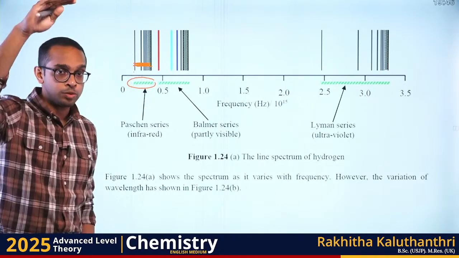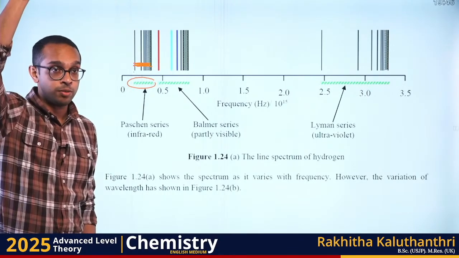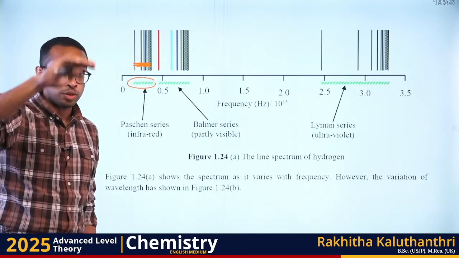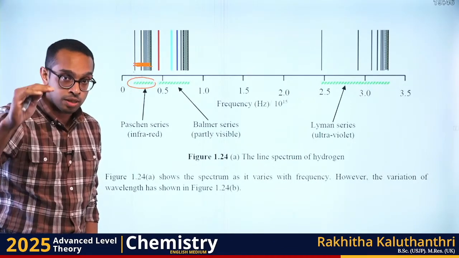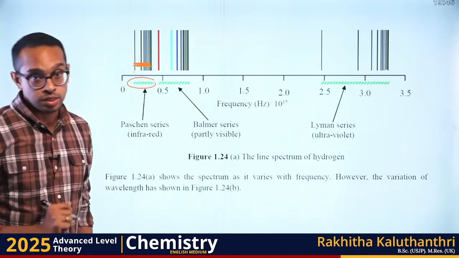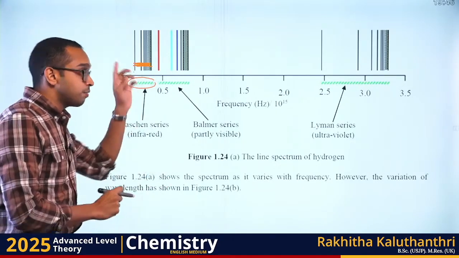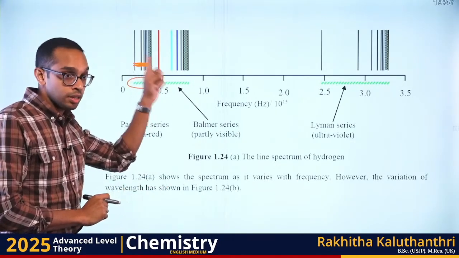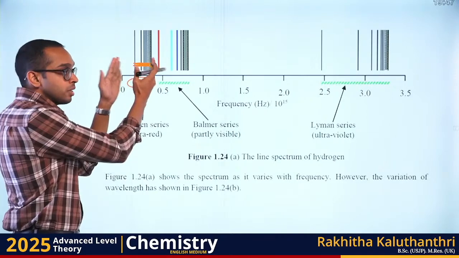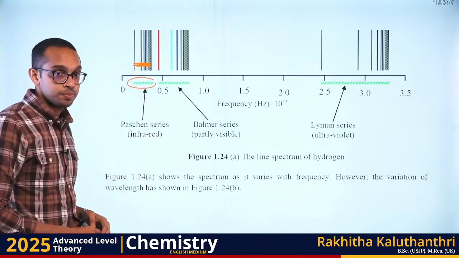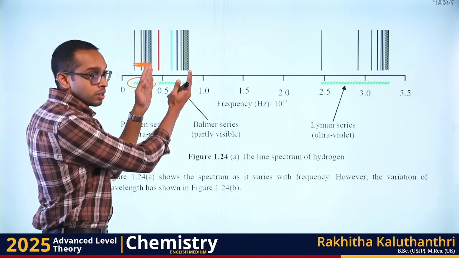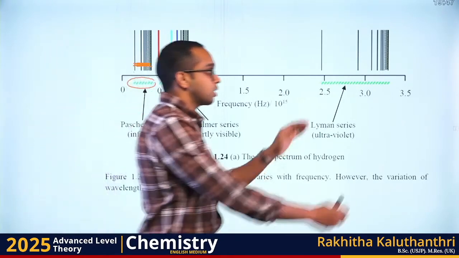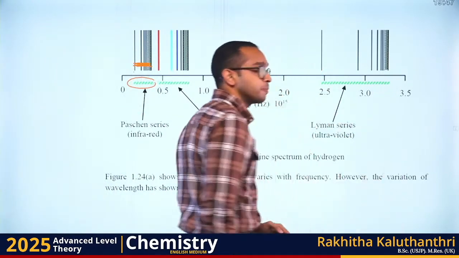So when electrons fall from different high energy levels, for example from the fourth energy level to the third, fifth to the third, sixth to the third, they release different amounts of energy, and frequencies related to those energies are found here in this region. Frequencies related to the Balmer series are found here, and the frequencies related to the Lyman series are found here.